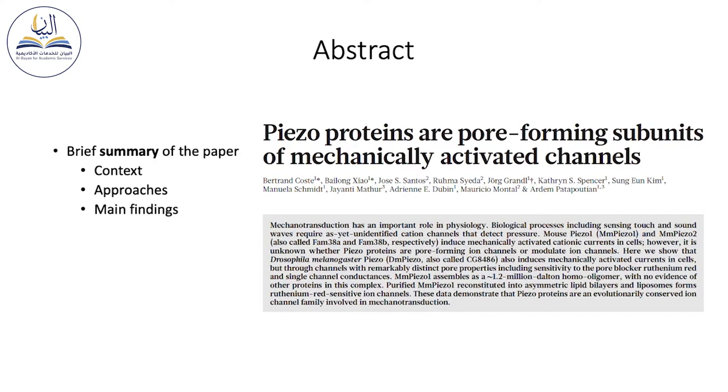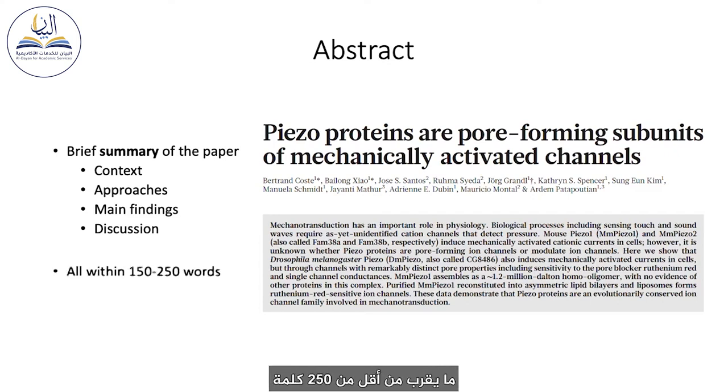The abstract will be finalized with a brief discussion statement in which the authors will tell us about the main take-home message of the paper and the general relevance of their study. All of this will be contained within approximately less than 250 words.